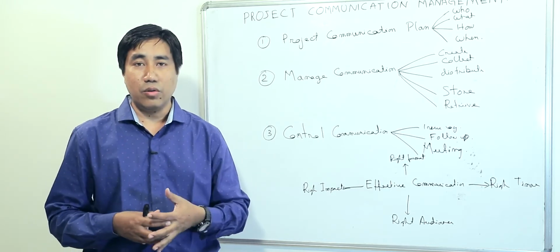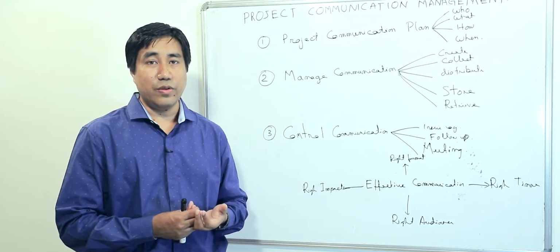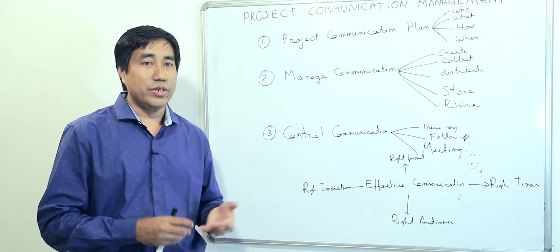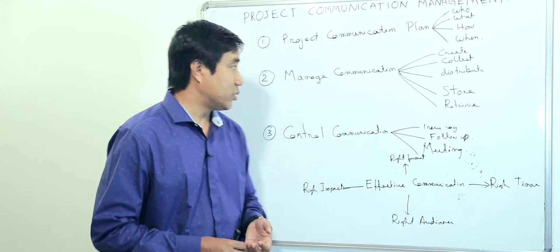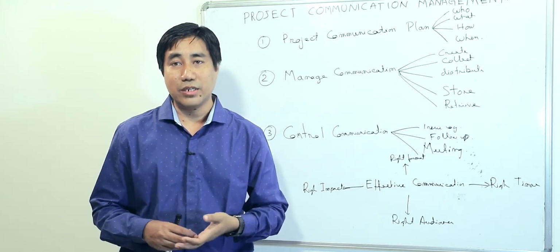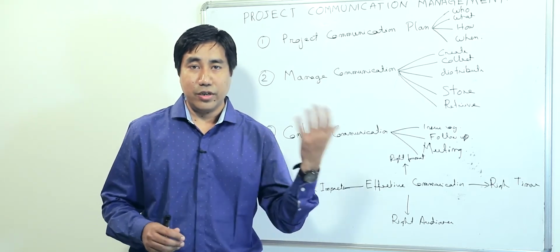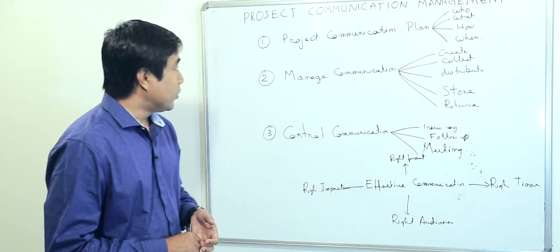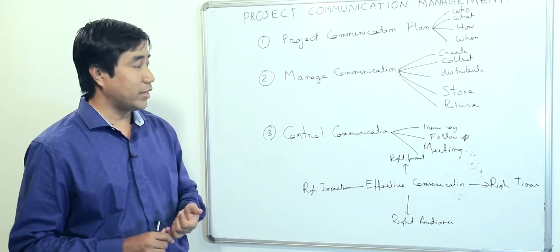We are going to send only the dashboard of the project. But if we have to share information with the team lead, we are going to send a detailed report to the team members. We identify which type of report will be sent to which set of people, and everything will be defined in the project communication plan.